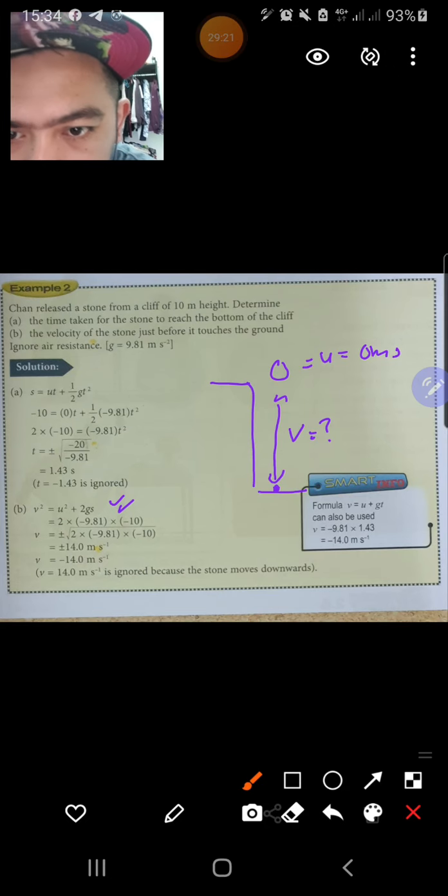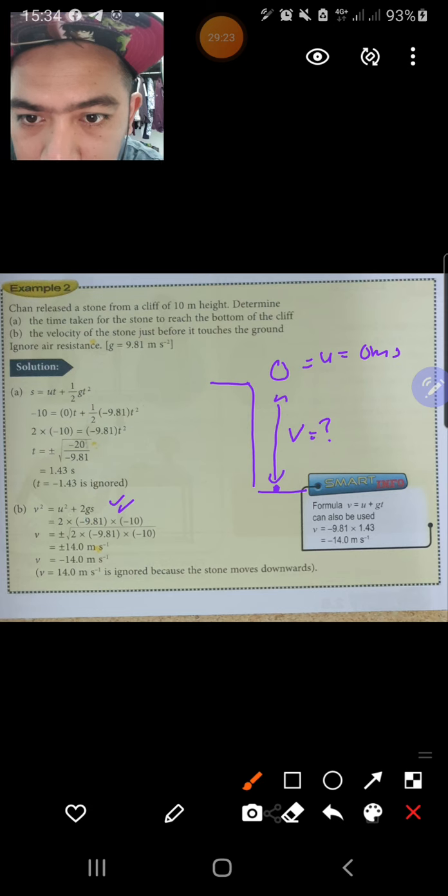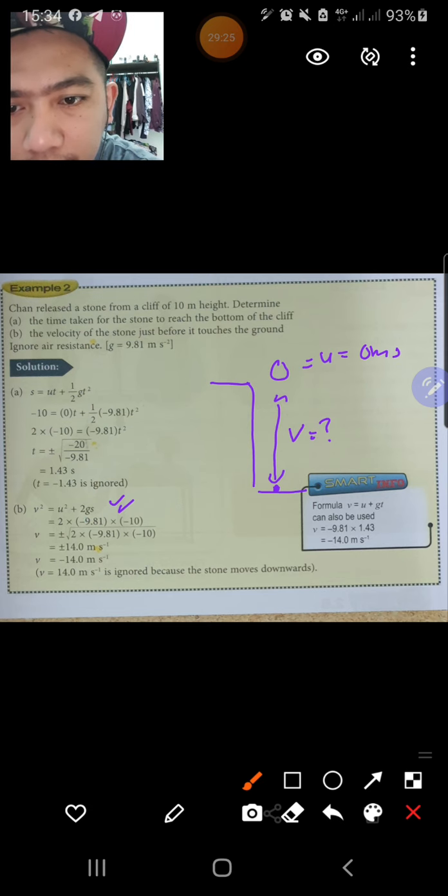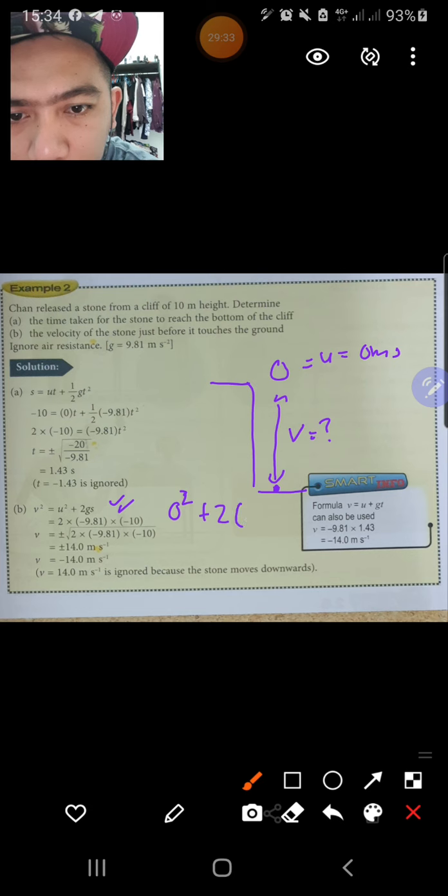U here is 0 square, the initial velocity is 0, plus 2 times negative 9.81 times negative 10. Why negative 10 here? Because the direction of the stone is going downwards. That's why it's negative 10.